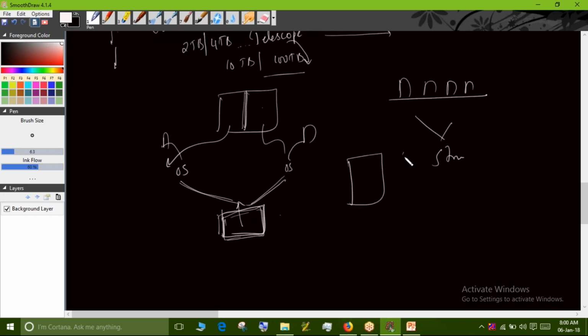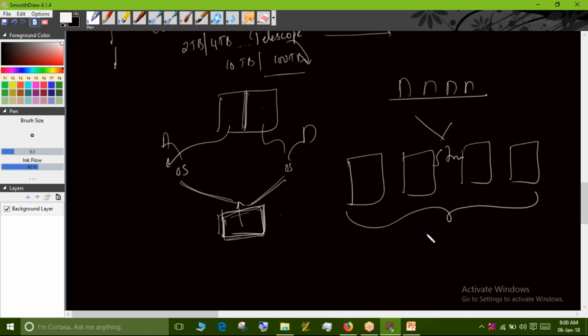Some data is stored on this box, other data on that box. Physically there are multiple machines in the background, but all come under one storage.